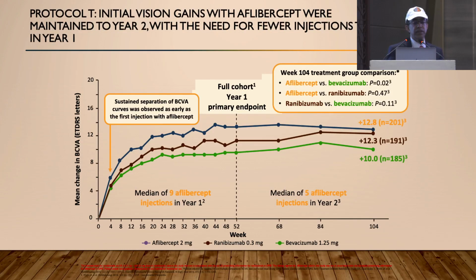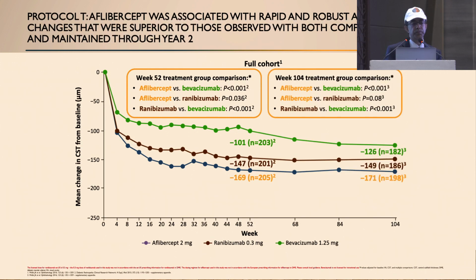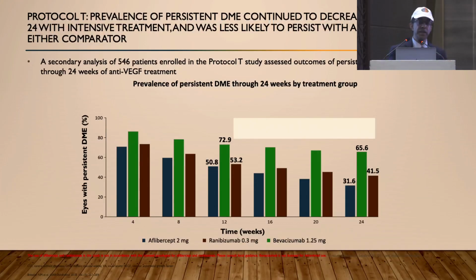Initial vision gains with aflibercept were maintained to year 2 with the need for fewer injections than in year 1, and it was associated with rapid and robust anatomic changes that were superior to those observed with both comparators. And it was also maintained through year 2, which is the most important thing.